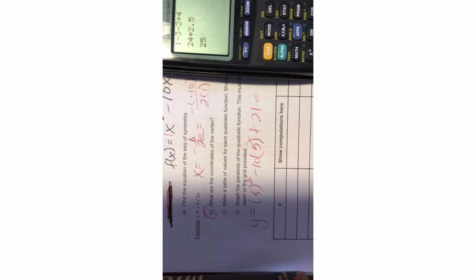So it's 5 times x is 5, that's the x value, plus 21. 25 minus 50 plus 21. The y value is negative 4. Therefore, we know that the vertex is the turning point, so the x value is 5 and the y value of the vertex is negative 4.